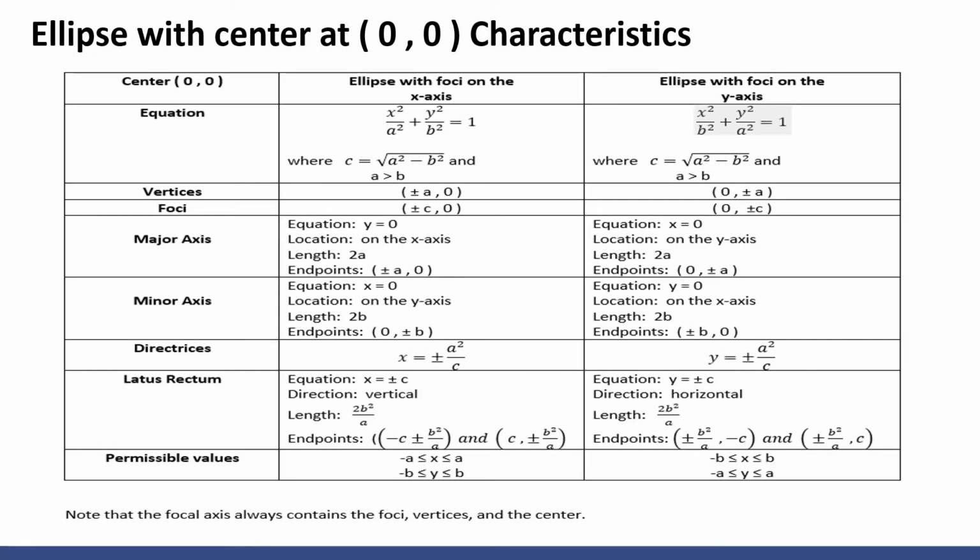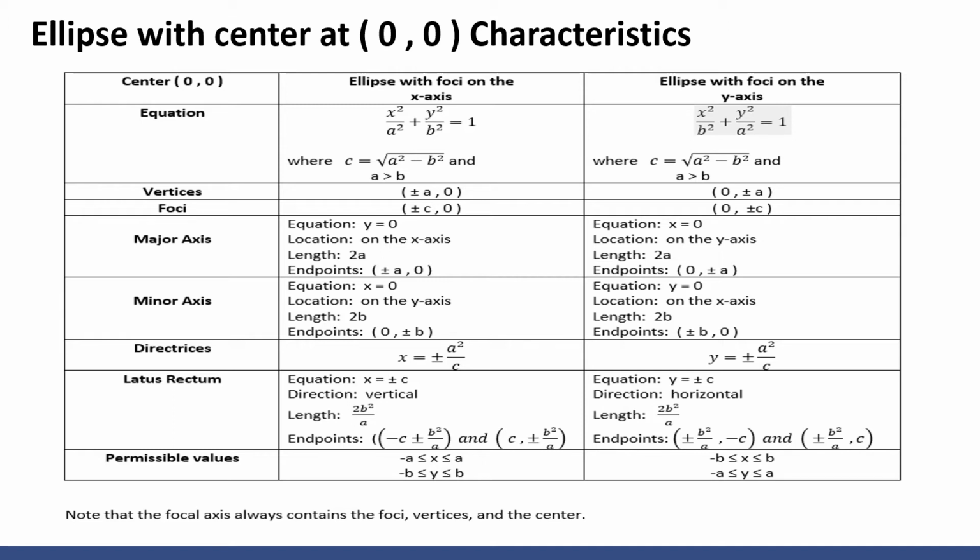Well, for the coordinates of the endpoints of the latus rectum, we have negative c, plus minus b squared over a, and c, plus minus b squared over a. For the other, we have plus minus b squared over a, negative c, and plus minus b squared over a, c.